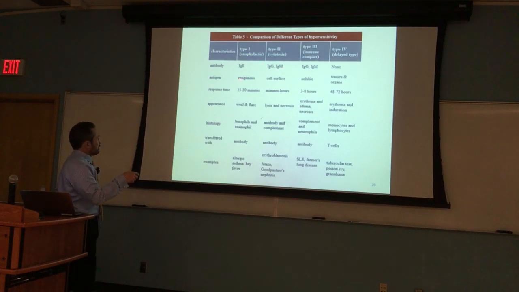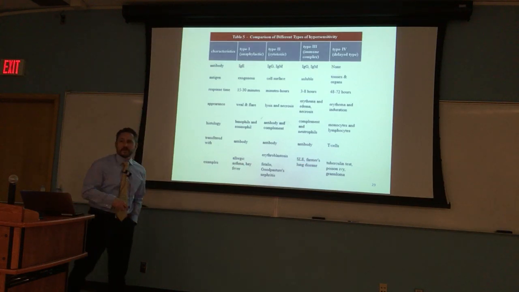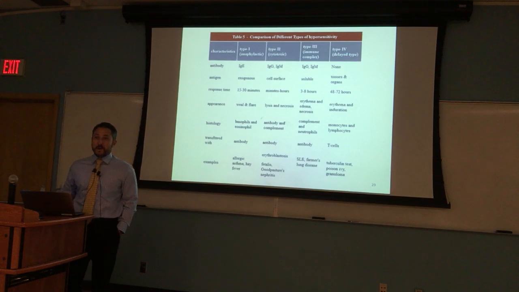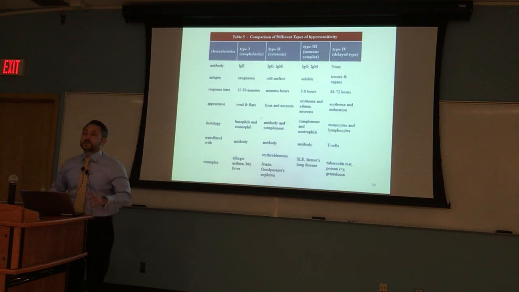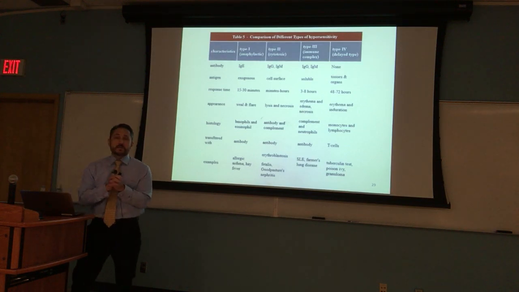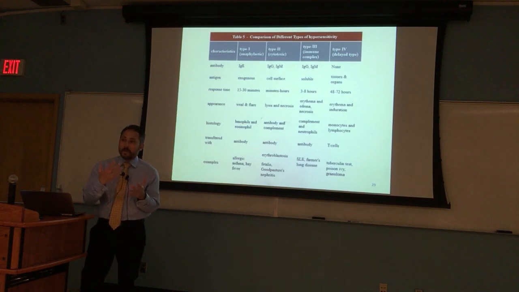You can see characteristics about the antigen, how long it takes, and what it looks like histologically. You can see it's transferred with, or associated with, antibody, antibody, antibody, and then T cell. And then there's a category of a number of different examples for you, just to help put a picture of how to organize all the information in the 1 through 4 hypersensitivities.